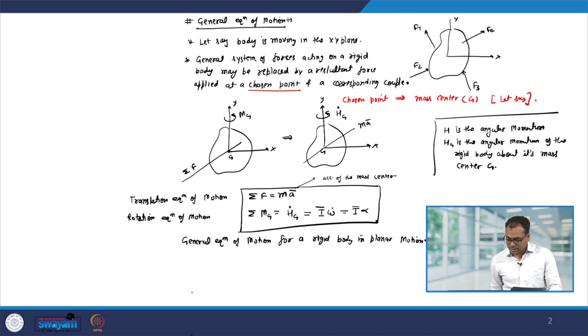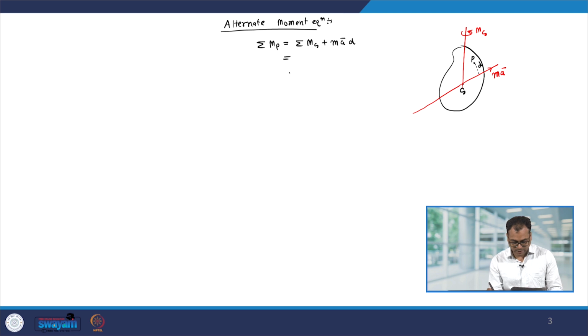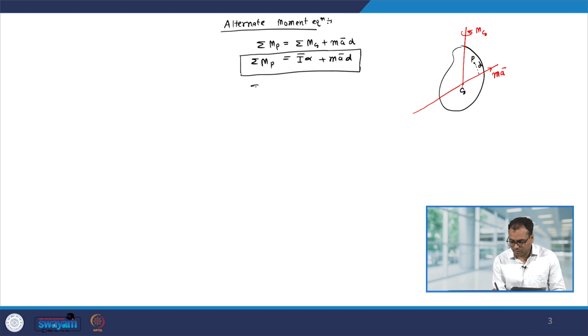Now, we know that summation MG is equal to I bar alpha or H dot G. So, this equation can be written as summation MP equal to I bar alpha plus m a times d. Or we can write summation MP equal to H G dot plus m a times d.